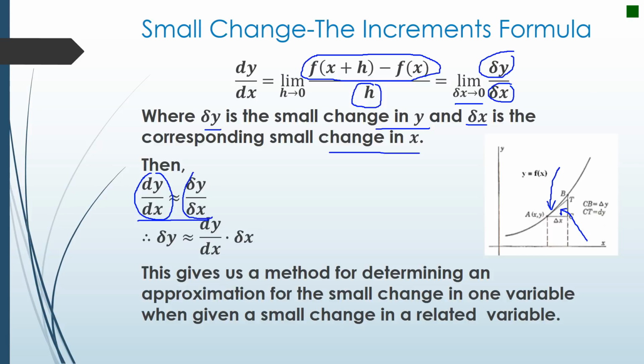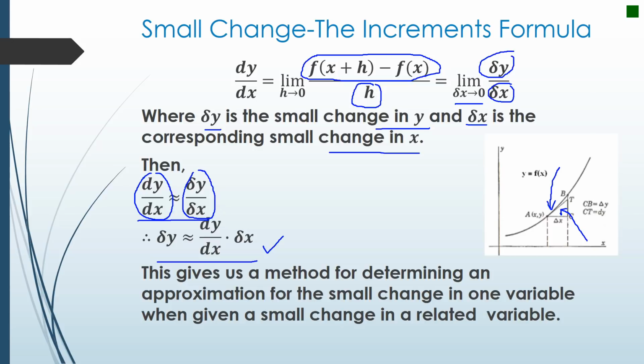Delta y over delta x is the gradient of the line segment as the 2 points are very close to each other. By rearranging it, we now have delta y approximately equals to dy over dx times delta x, and this is what we call the increment formula.